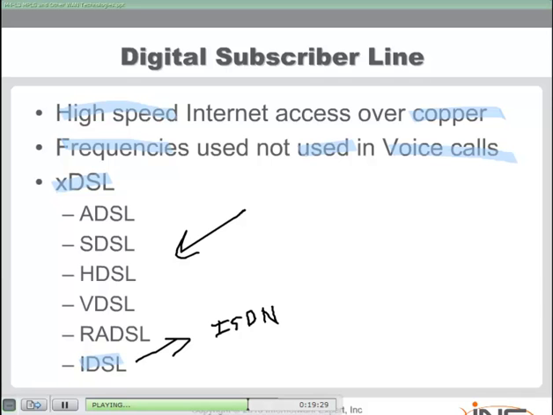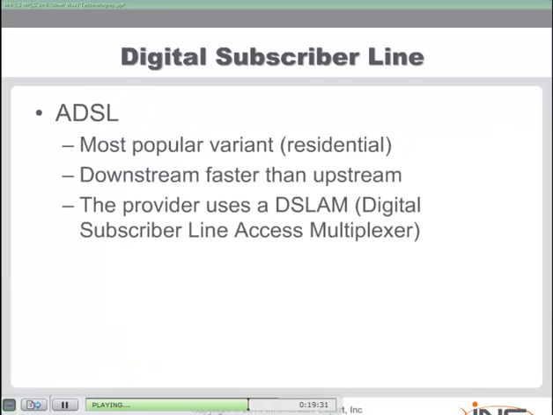By far the most popular form of DSL, and that's because it is the residential DSL that was very popular for a while, is ADSL. It's called asymmetric DSL. Why is it called asymmetric?